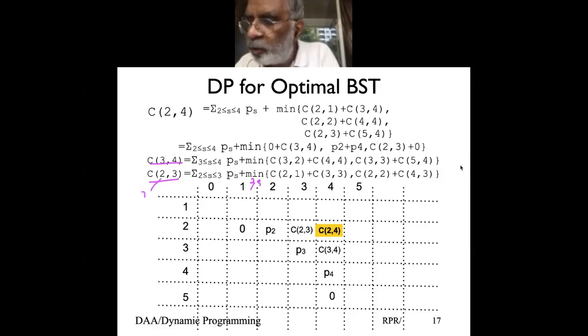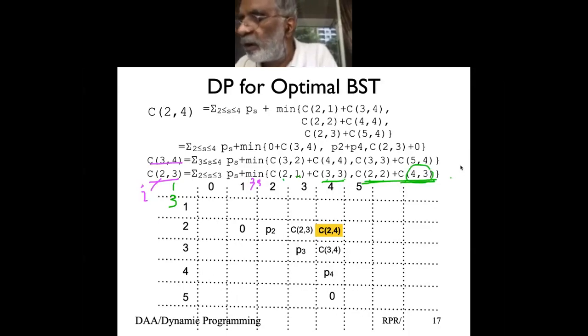Similarly, C23, now my K would vary from 2 to 3. My I is 2 and my J is 3. So first K becomes 2: C(I, K minus 1), which is C21, plus C(K plus 1, J), which is C33. Second term, K becomes 3: C(I, K minus 1), which is C22, plus C(K plus 1, J), which is C43.